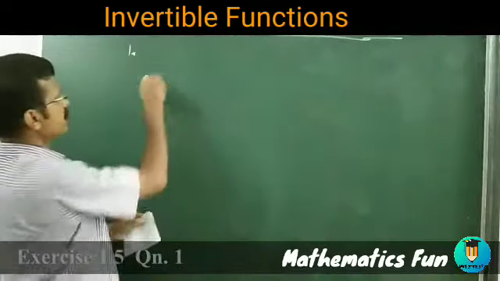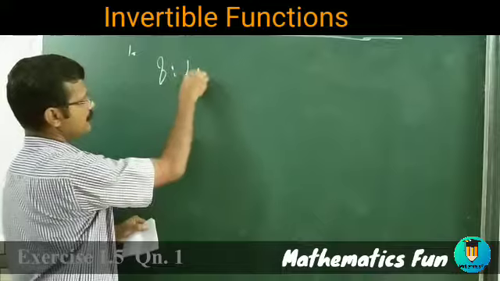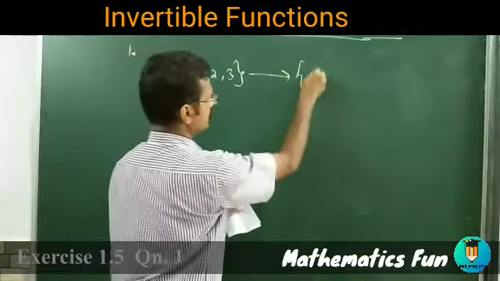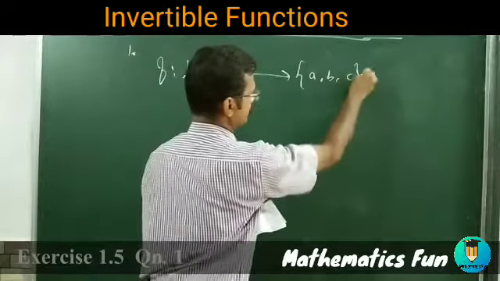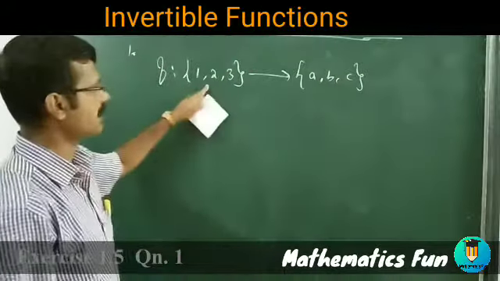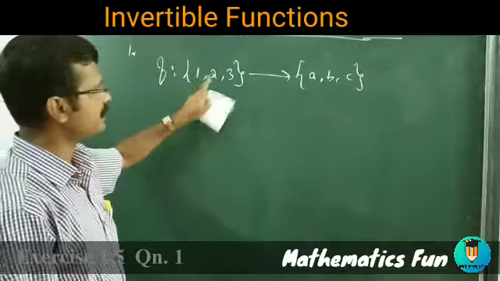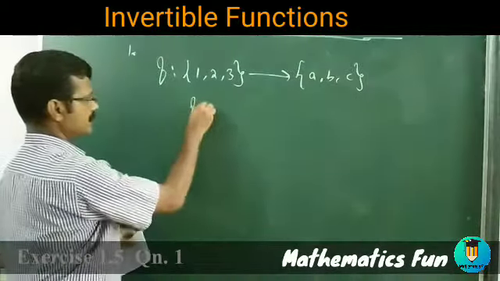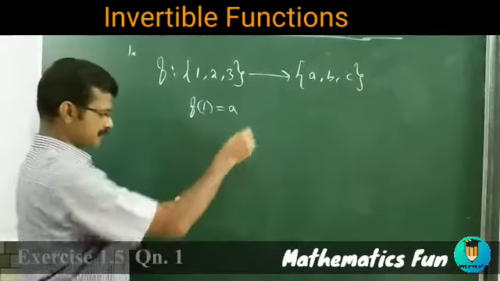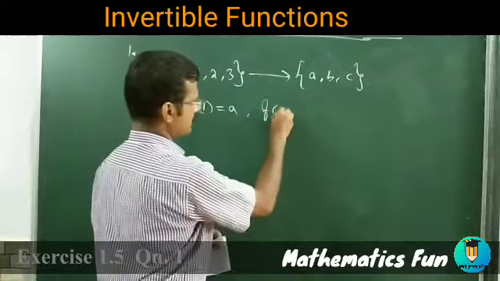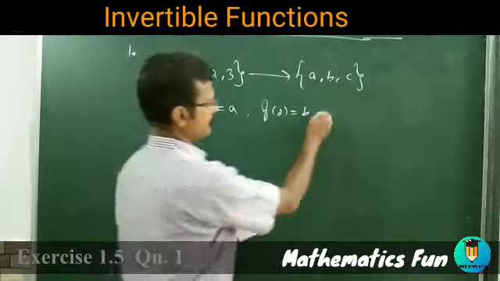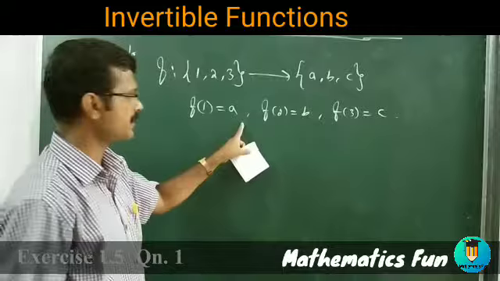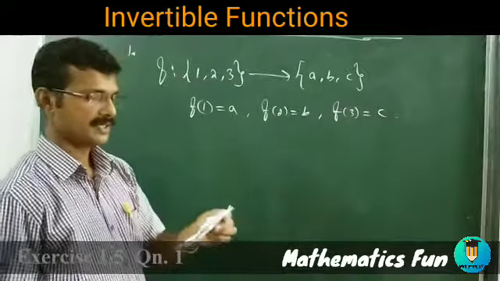It is given that the function f is defined from {1, 2, 3} to {a, b, c}, just like a function defined from x to y, with f of 1 equal to a, f of 2 equal to b, f of 3 equal to c. The elements and the corresponding images are given like this.